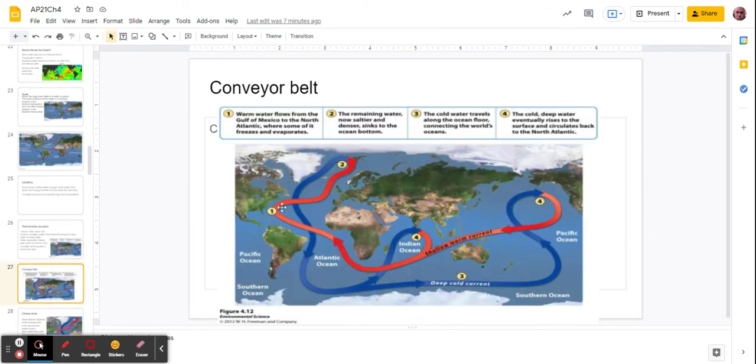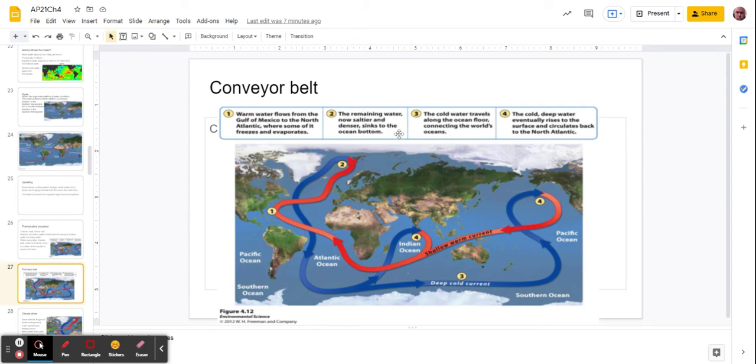So let's say you start off here, off the Gulf Coast. So warm water flows from the Gulf of Mexico to the North Atlantic where it freezes and evaporates up in here. The remaining water is now saltier and it sinks to the bottom of the ocean and it circulates along and some of it's going to diverge and come up here in the Indian Ocean and some of it's going to keep going around the Pacific and then come up here off of Alaska.